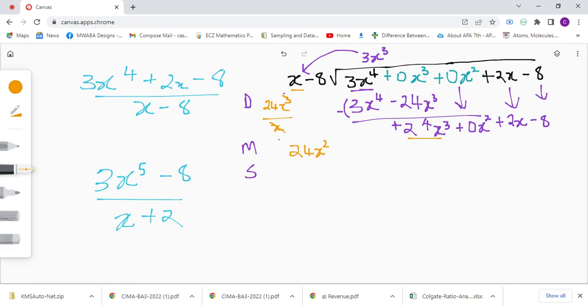So we're going to put here plus 24x squared.